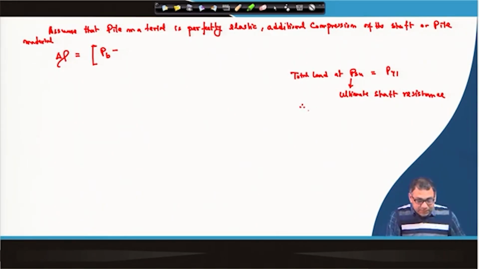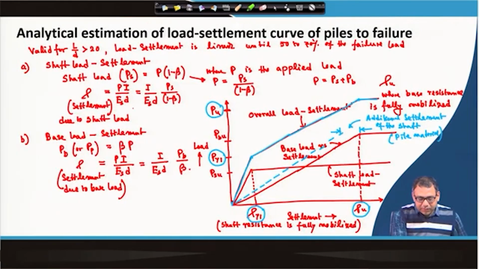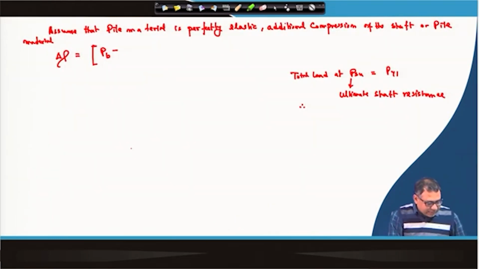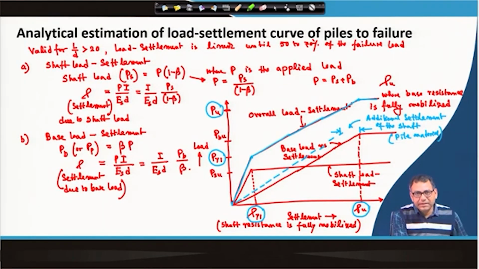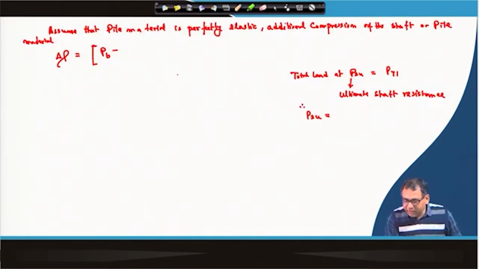So, how much is transferred to the tip? If the total load is P, then the shaft portion is P into 1 minus beta and the base portion is beta into P. So the shaft portion PSU will be equal to the total load into 1 minus beta, so P y 1 times 1 minus beta.